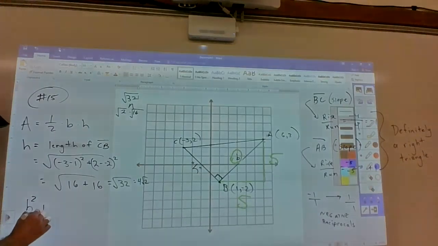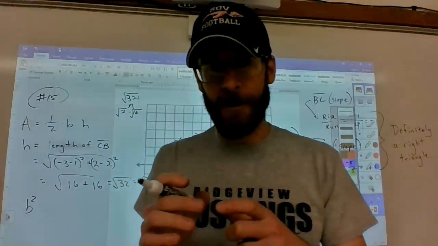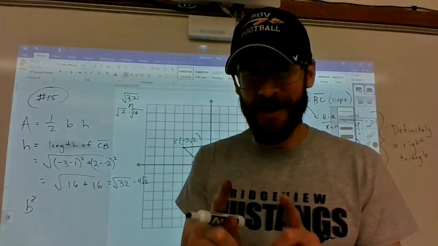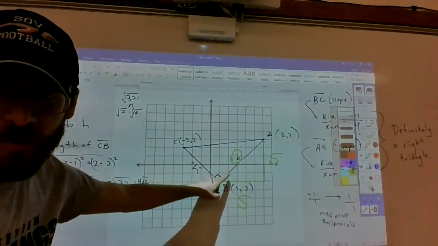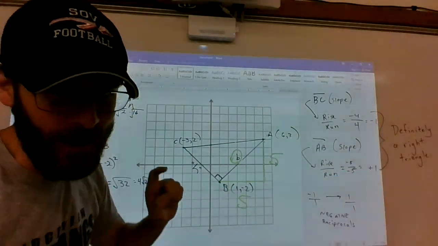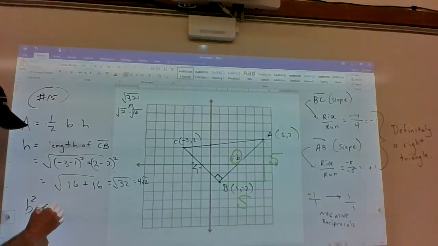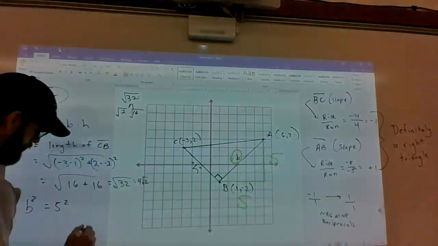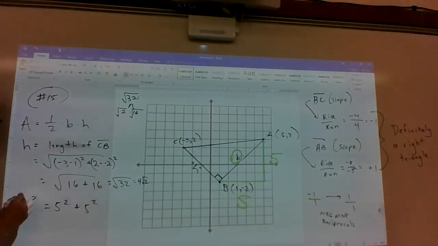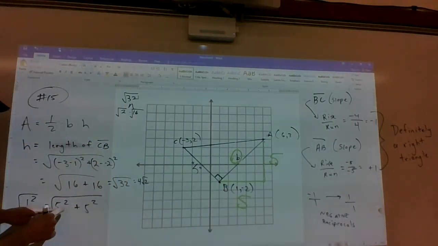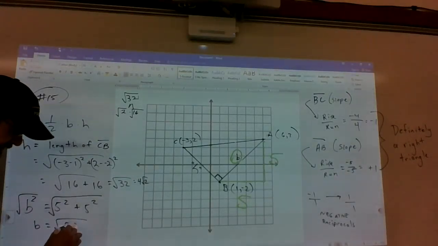I'm struggling to speak right now. Give me a moment. Okay, the Pythagorean theorem applied to that triangle will give us b. B squared equals 5 squared plus 5 squared, which is 25 plus 25, which is root 50.